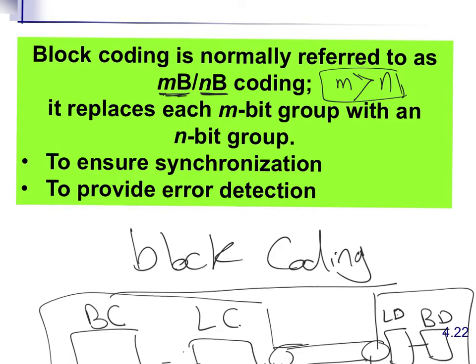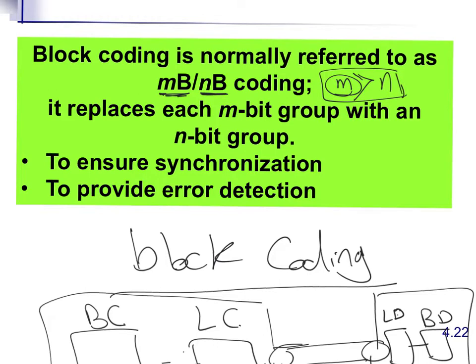For example, if I have 4 zeros, they could potentially cause a long stream of zeros, which may cause problems. So instead of 4 zeros, we will represent them by, for example, 5 bits, such that we don't have all 5 bits as 0. Of course, we have to do the reverse operation at the receiver side.